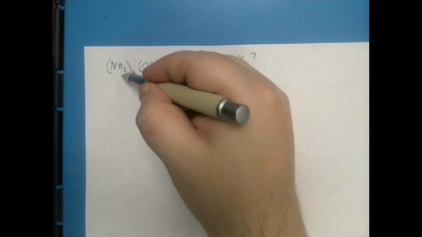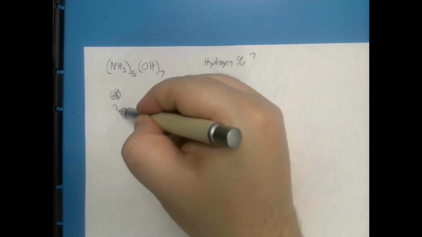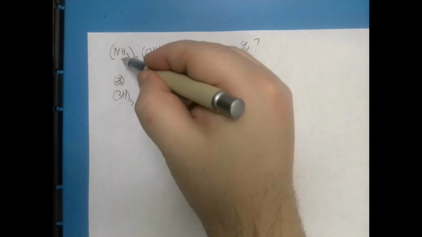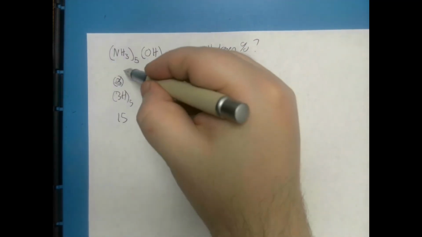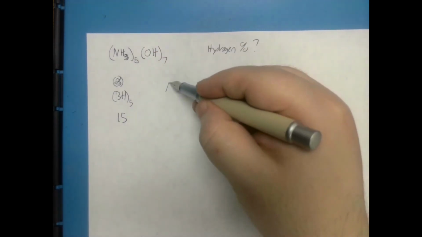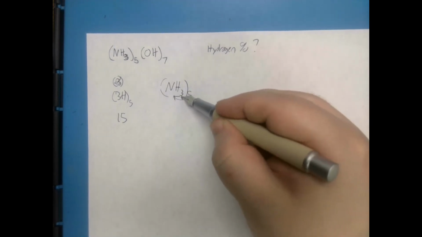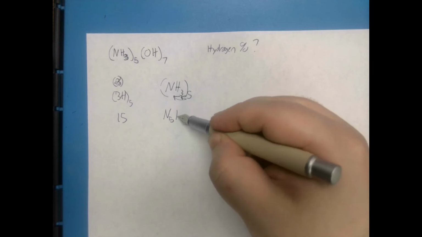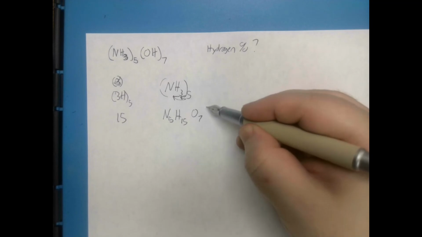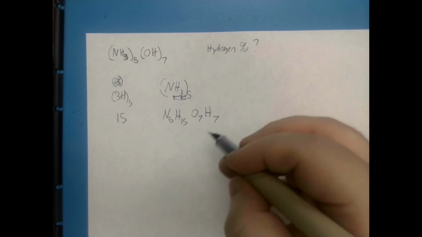So, we have 3 in here in parentheses, but on the outside, so we have 3 hydrogen inside here, and it's being multiplied by 5. So this right here is 15 total inside here. This 3 and this 5 multiply. So NH3 to the 5 is the same thing as N5H15. And then this O gets a 7. This hydrogen gets a 7. And we can combine the 2 hydrogens together.